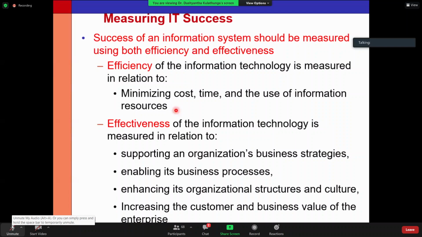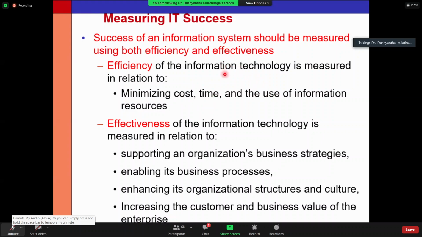So whether the use of information systems or information technology helped us to reduce our cost of operations. Whether the utilization of information systems or technology helped us to reduce the time in processing, say reduce the cycle time or reduce the lead time, something like that.